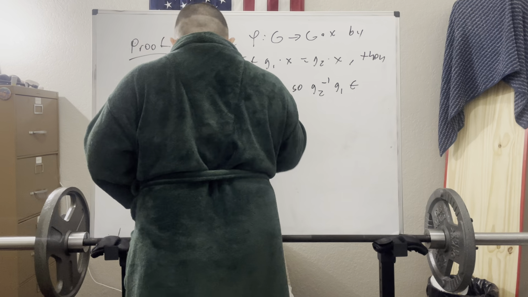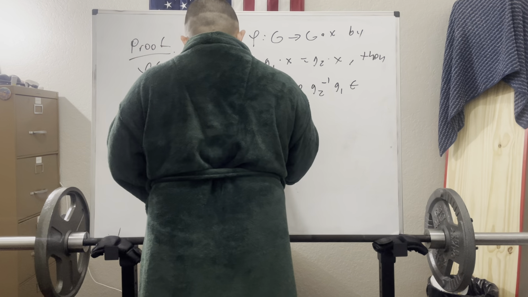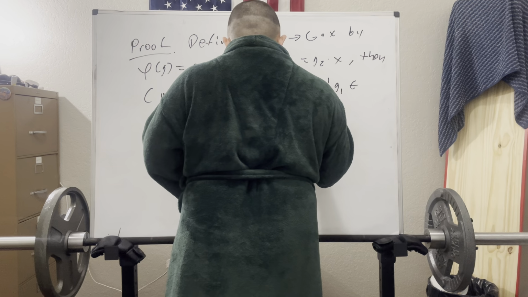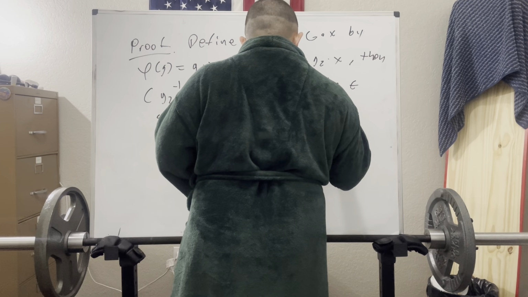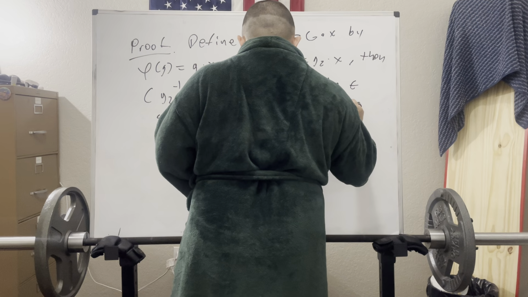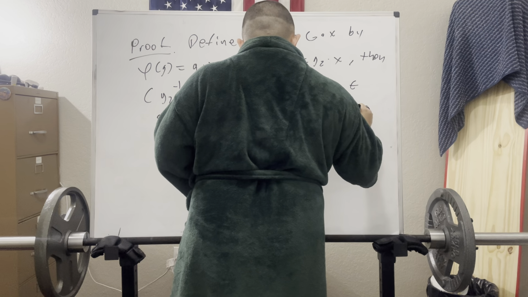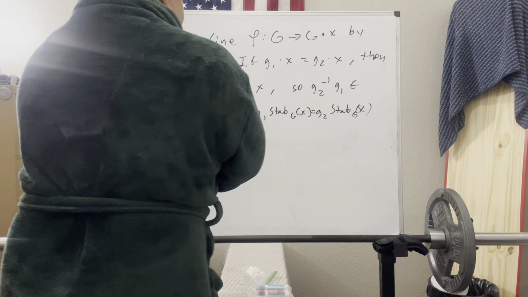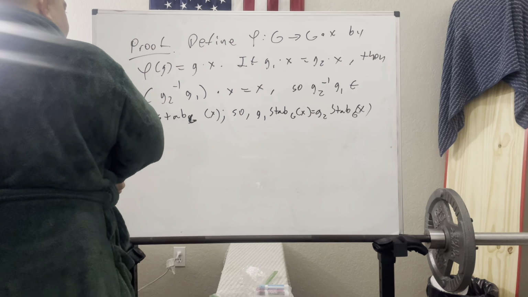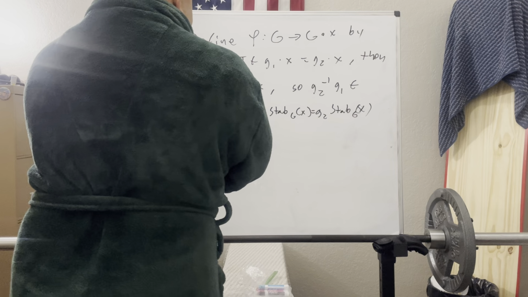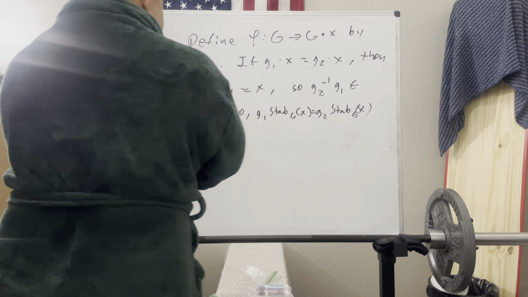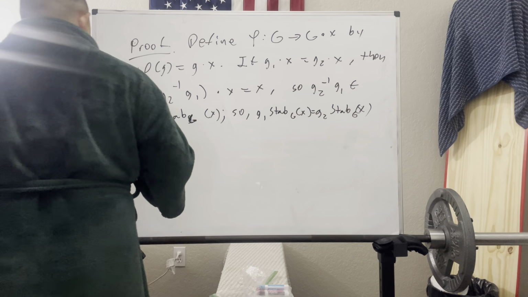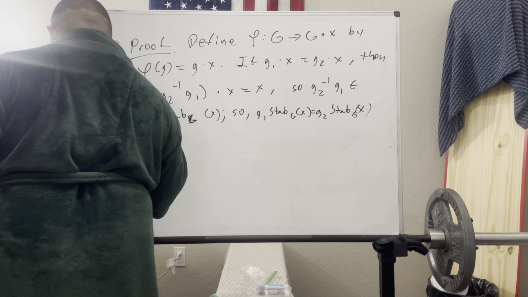So g1 stabilizer of x is equal to g2 stabilizer of x. Does that hold? Let's think about that. Yeah, that holds. So, there we go.